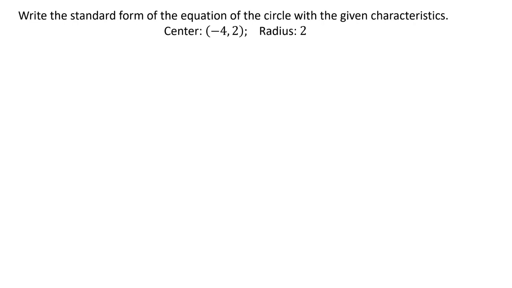All right. The next question that you might see on your upcoming exam is this: write the standard form of the equation of the circle with the given characteristics. The characteristics are the center at -4, 2, and a radius of 2. Let's review what the standard form of a circle is.